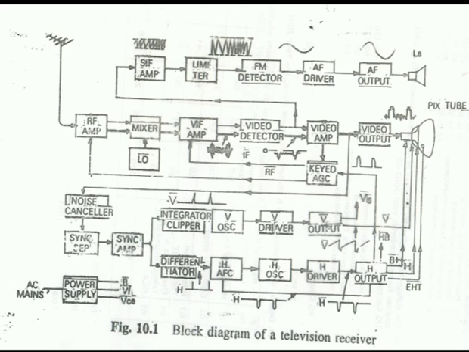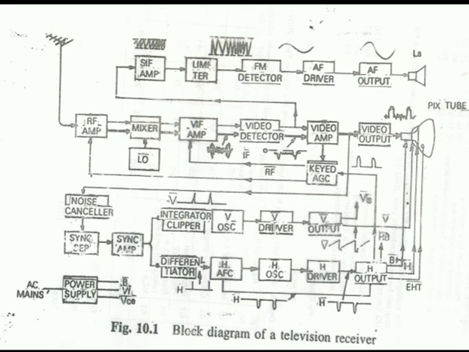stage. Here an IF preamplifier is used, which amplifies the IF signal. This stage of amplification is necessary because by the use of the SAW filter, the gain of the receiver becomes less. That's why we use preamplification for the IF signal. After that we have the SAW filter.